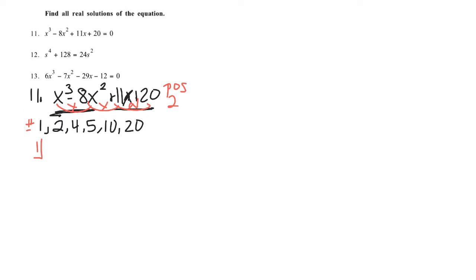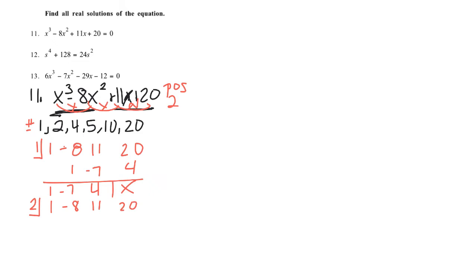So I'm going to check 1, and I get 1, negative 8, 11, and 20. 1, 1, negative 7, 4, 4, not 0. 2: 1, negative 8, 11, 20. 1, 2, negative 6, negative 12, negative 1, negative 2, not 0.